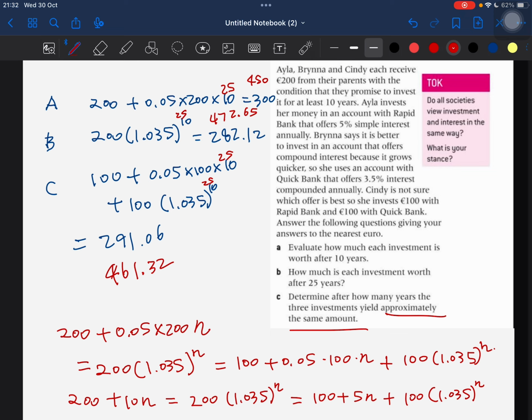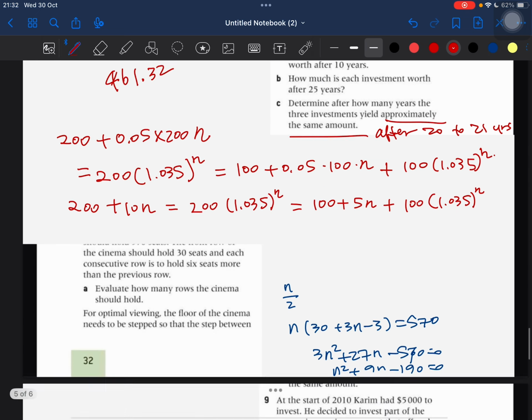So let me find the intersect, and it is around 20.5 years. So maybe between 20 to 21 years they have intersections. So after 21 years, this may yield approximately the same amount.